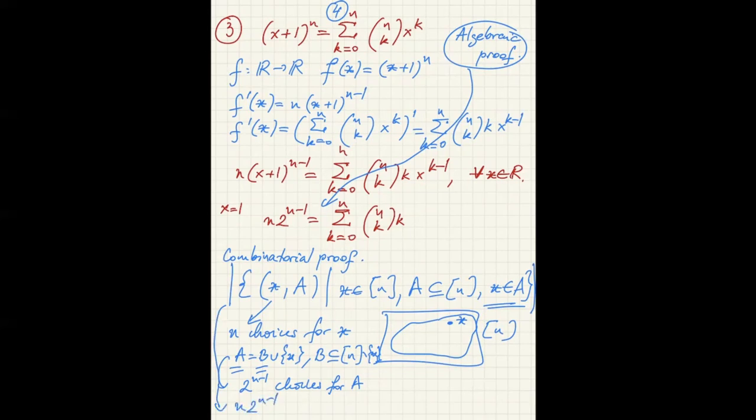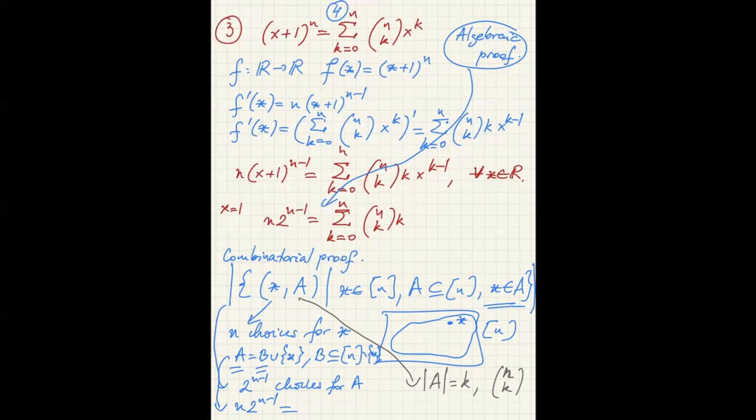Now to get another formula, let's pick A first. Now we can choose A according to its cardinality. Let's assume that A has cardinality k. Then how many choices do we have for such an A? Well, it's going to be n choose k. And once we picked A, we have to pick x.